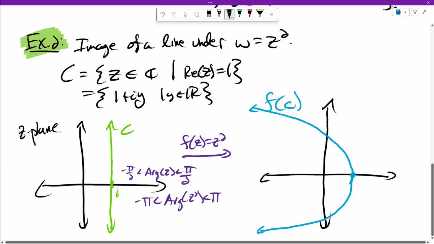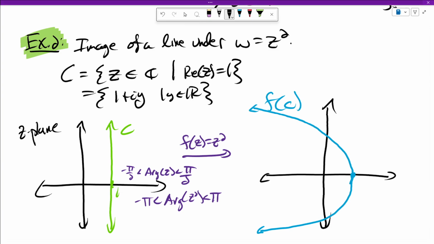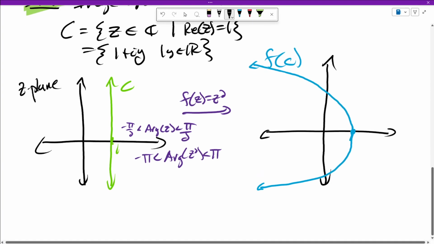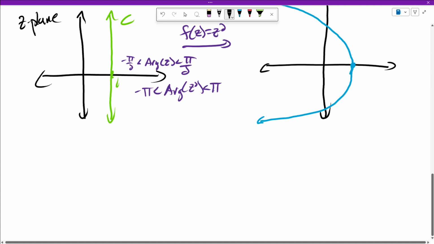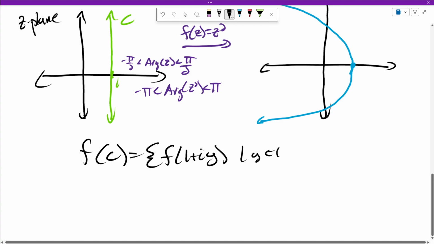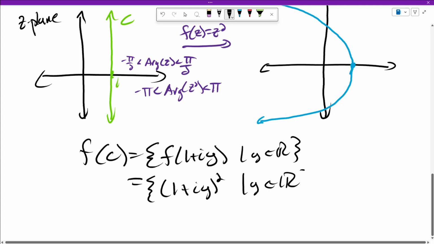Now let's find that algebraically to verify our intuition with this problem is correct. So what's f of C? Well, f of C is the collection of all f of 1 plus iy, where y is any real number. And f is the square function. So it's the collection of all (1 plus iy) squared, where y is a real number.